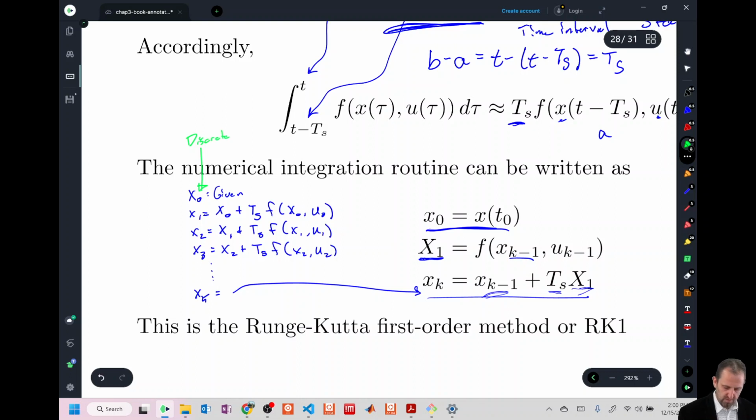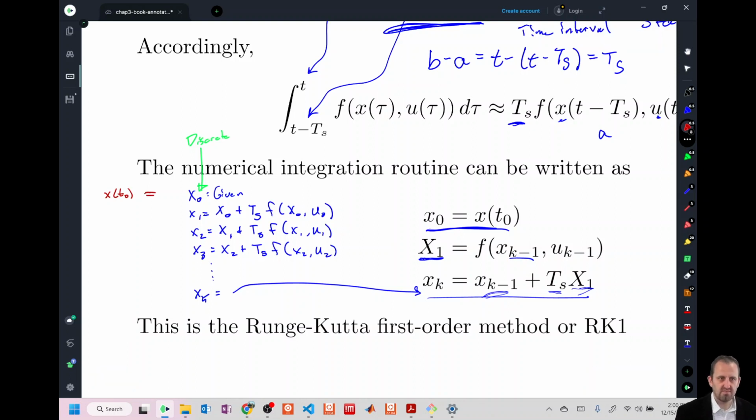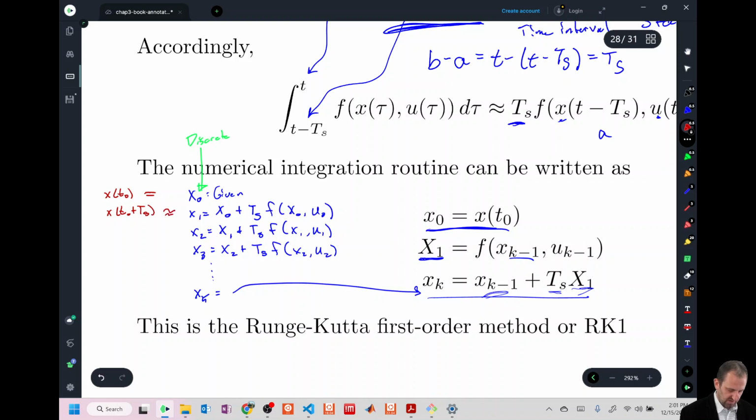If we want to represent it in a continuous fashion, we know that x of time t naught is given as x naught, right? Going forward in time, x at time t naught plus ts is approximated here as x1. X at time t naught plus 2 ts is approximated as x2, and so on and so forth.